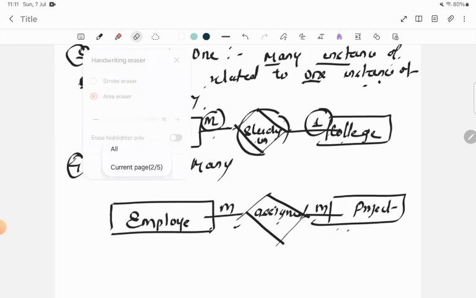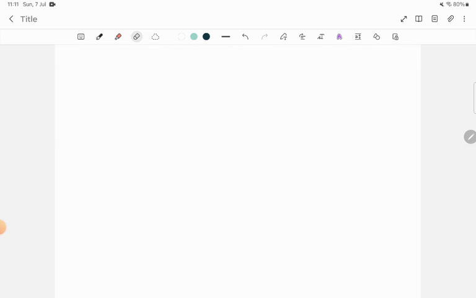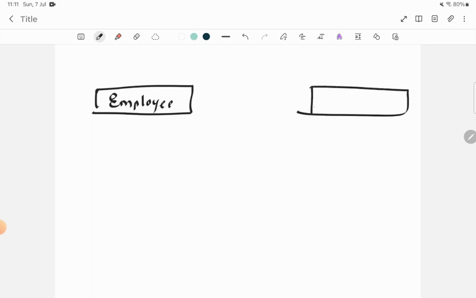Now talking about the weak relationship. First, let's talk about the weak entity. For example, if we have an employee and another entity known as the dependent. In each organization or while opening a bank account, we have to fill in the dependent, because if something happens to the employee, the dependent is always there.